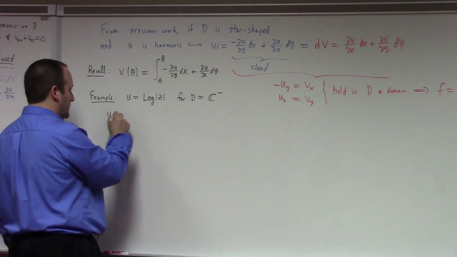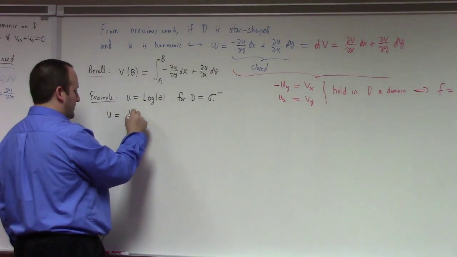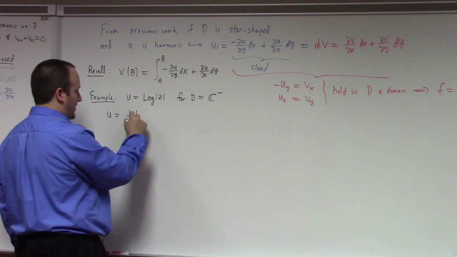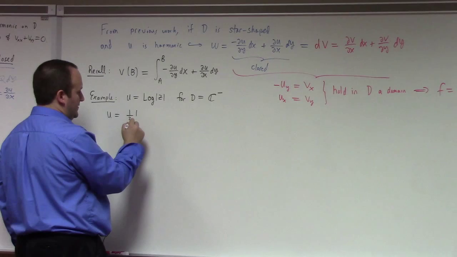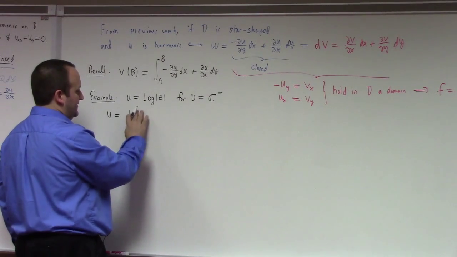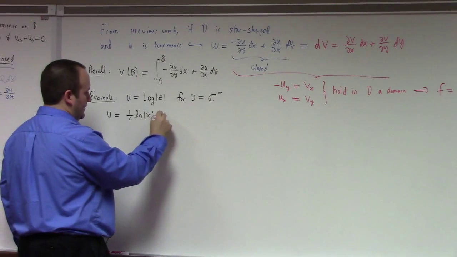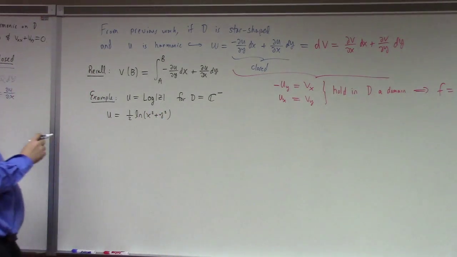So u is equal to 1/2, how to say this? I mean, that's real, right? So u is just 1/2 natural log of x squared plus y squared, right? Unless I'm overlooking something. I don't think so.